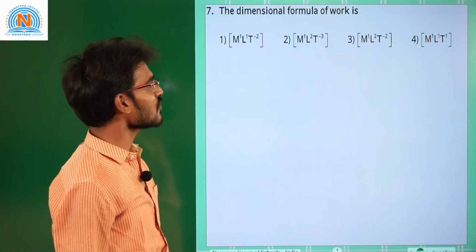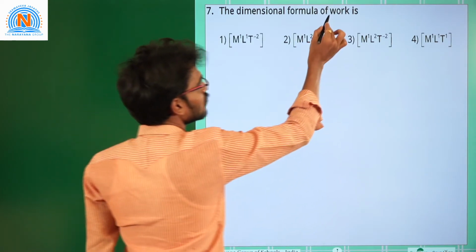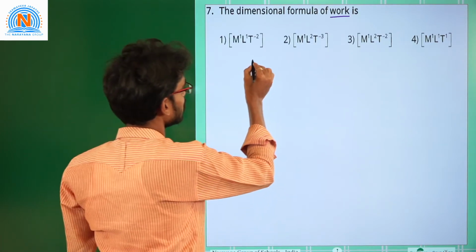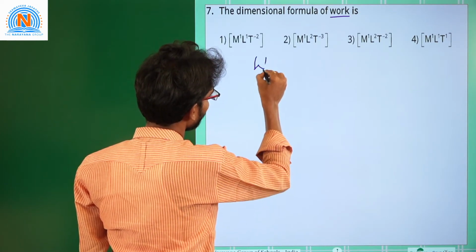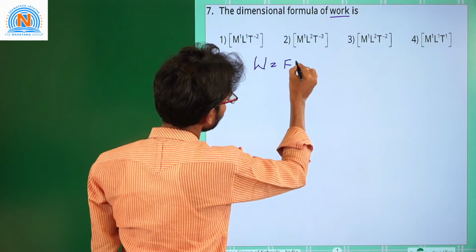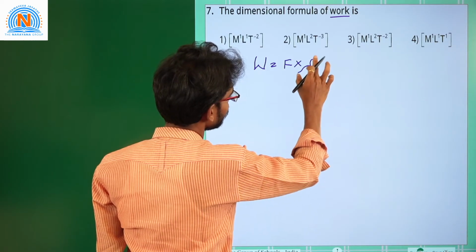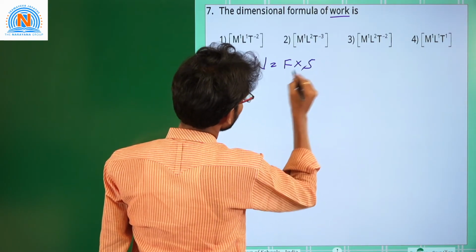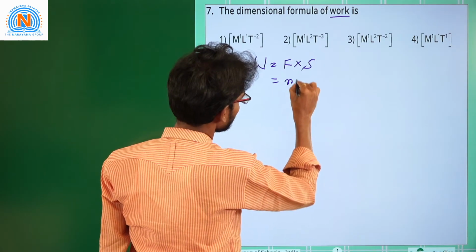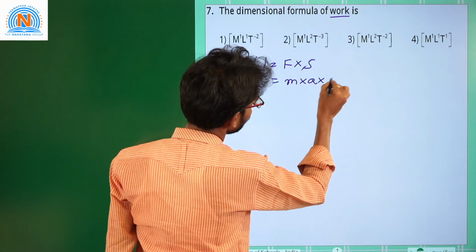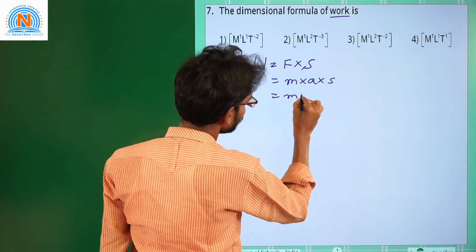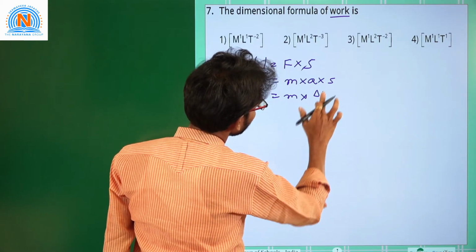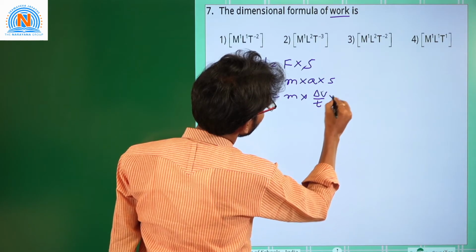The dimensional formula of work is... Again, work is not a fundamental physical quantity, it is a derived physical quantity. Now I am writing the formula for work, that is the product of force into displacement. Force is written in terms of mass times acceleration, into s, again m into acceleration, which is written as change in velocity by time taken, into displacement.